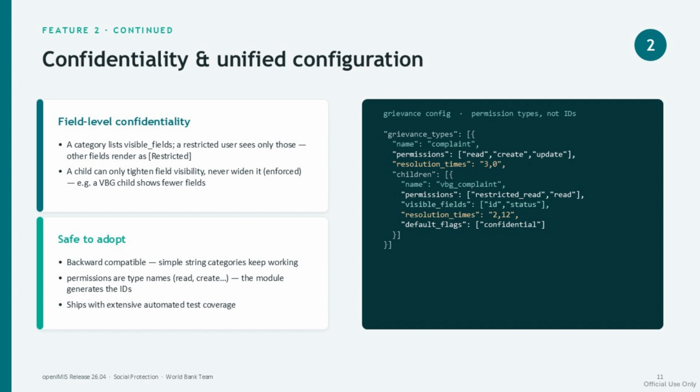This allows for more confidentiality and a unified category. You have field-level confidentiality where you can define the visibility of some fields. When these fields are restricted, the user will just see a generic text like "restricted".